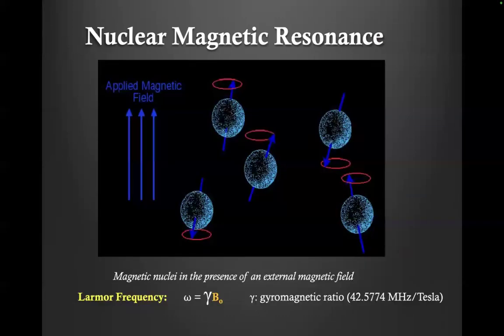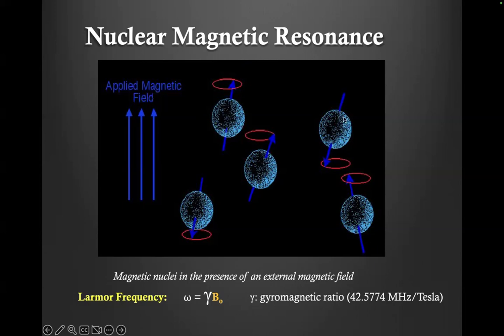But as soon as a person walks into an MRI room, namely when you have an applied magnetic field, these little proton spins are going to align with the magnetic field, in the so-called parallel direction. You see this little circle here, it's actually spinning, but mostly parallel to the applied magnetic field.